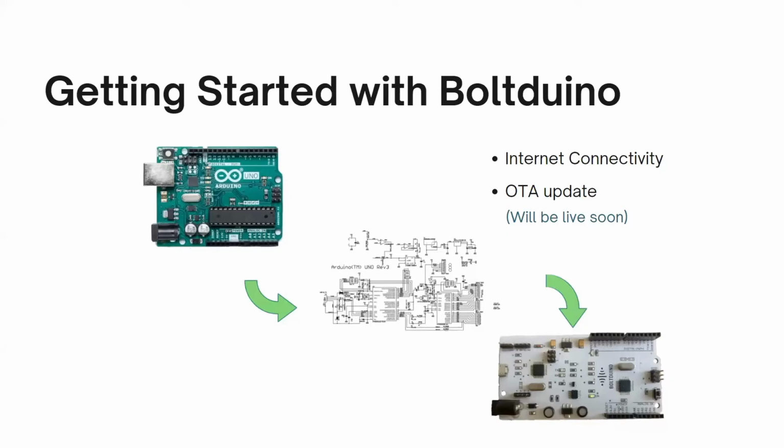It is just a copy of Arduino Uno itself with additional features. What additional features it has is, it has inbuilt internet connectivity. You can just plug your Wi-Fi module on it and it will be internet enabled.